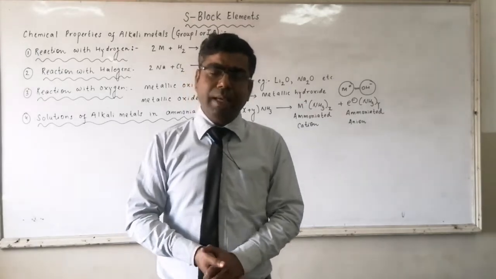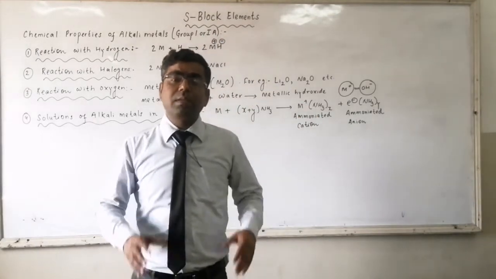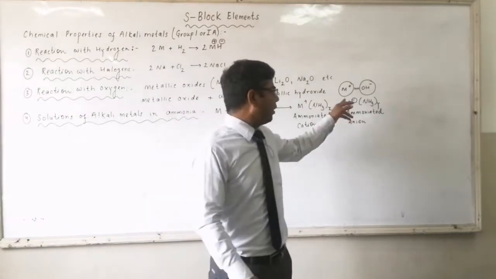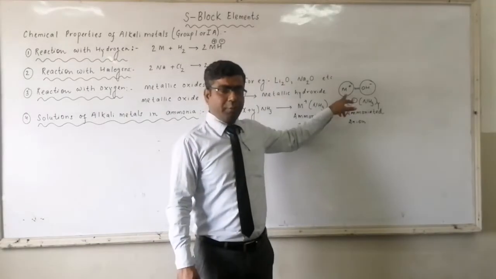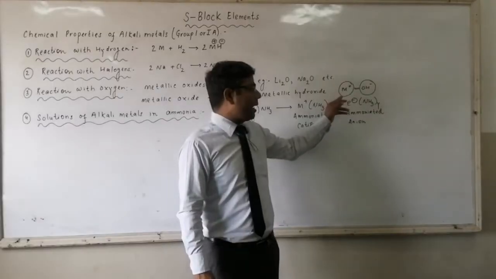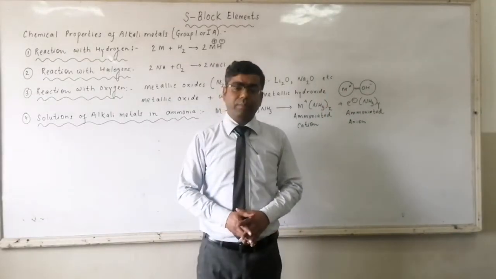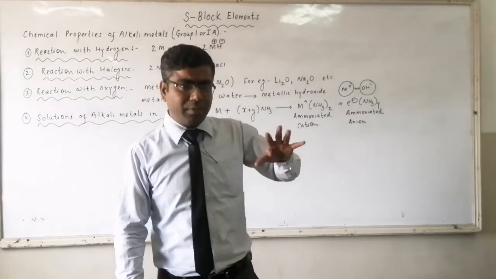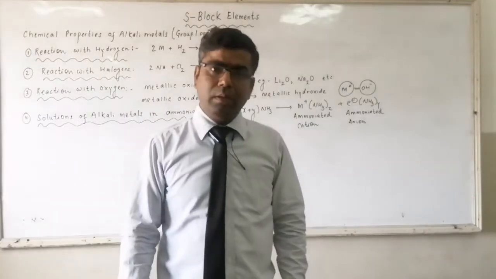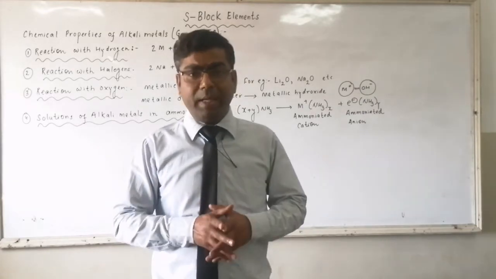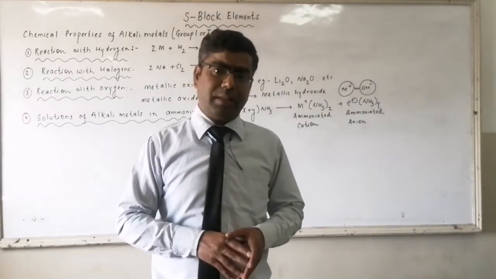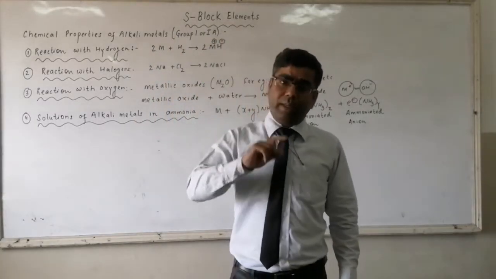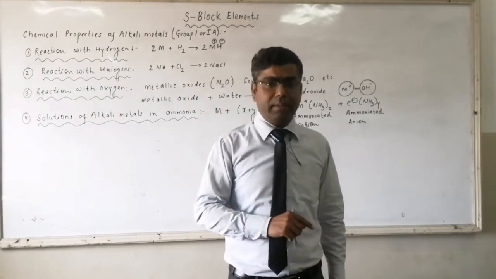The reason is very simple. As we move down in a group, the size of the metallic ion increases. If the size increases, the force of attraction between M plus ion and OH minus ion will decrease, as a result of which OH minus ion can be released easily. So potassium hydroxide is a stronger base than sodium hydroxide.